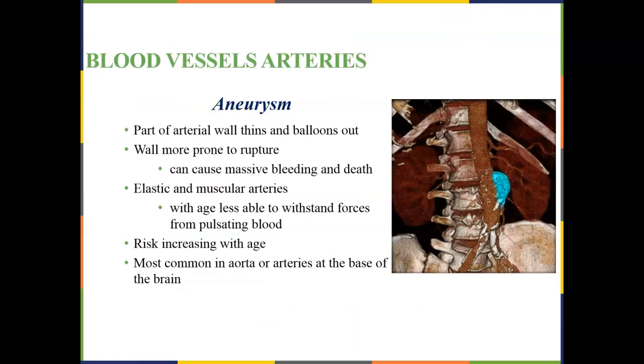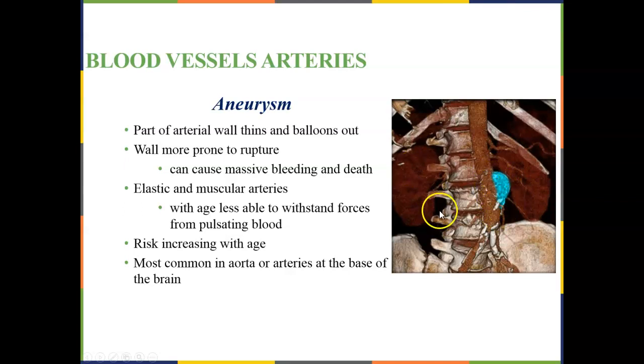One disorder associated with arteries is an aneurysm. An aneurysm occurs when the arterial wall thins out and you get blood pooling in the wall of the artery. So this is an example of an aneurysm in the aorta.